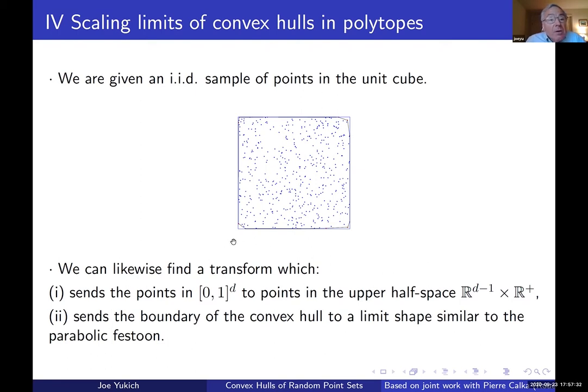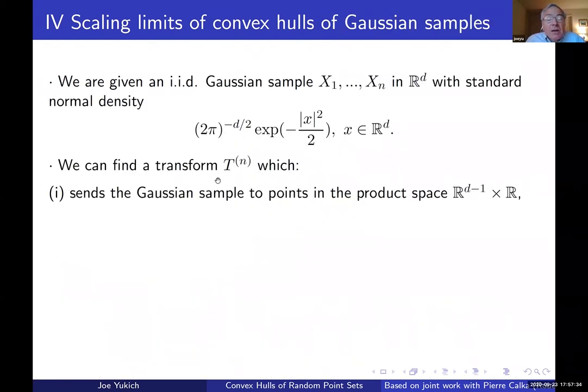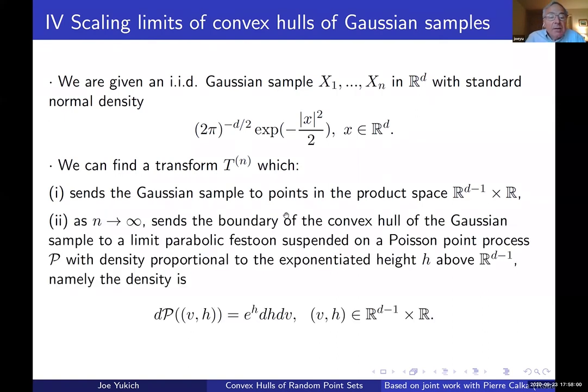And given an IID Gaussian sample in R^d having this standard normal density, there is a third transform. I'm calling it Tn, but it's not the same transform. There's a third transform which sends the Gaussian sample to points in the product space. So now it's not just an upper half space, but a product space.